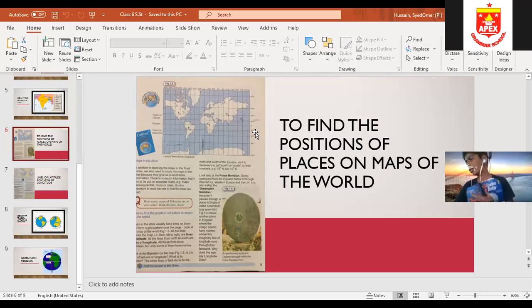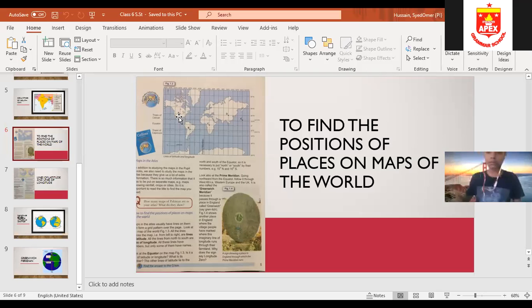The other lines of latitude lie to the north and south of the equator. So it is necessary to put north or south with their numbers. We can tell any point by its numbers, like 10° north and 10° south. For example, these points A, C, D, E are basically places. Look at your books.